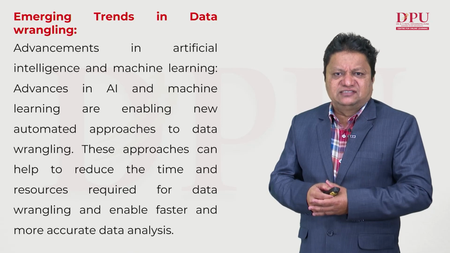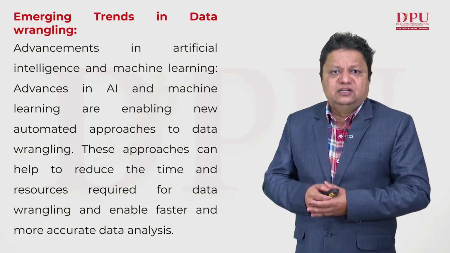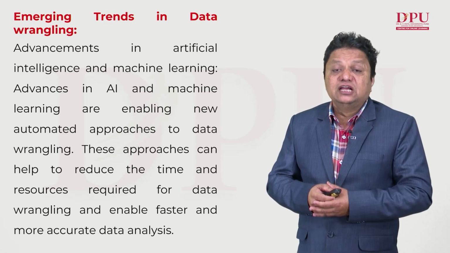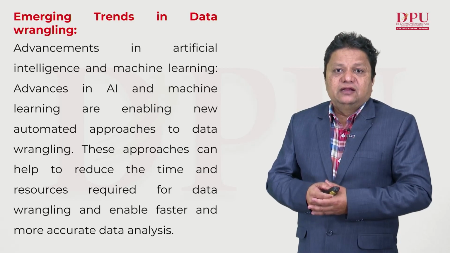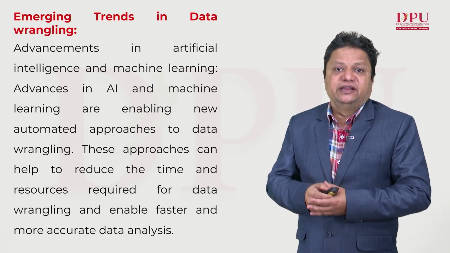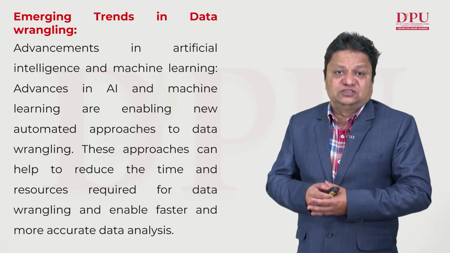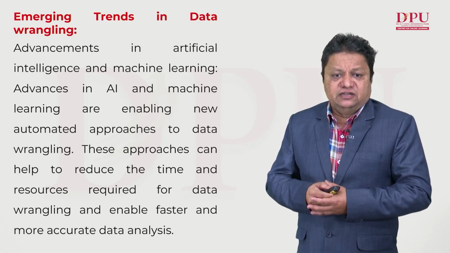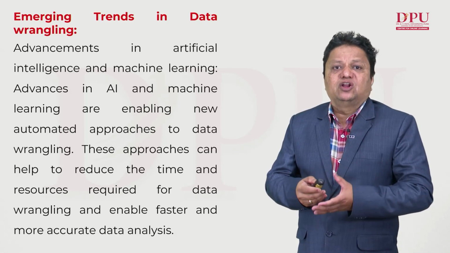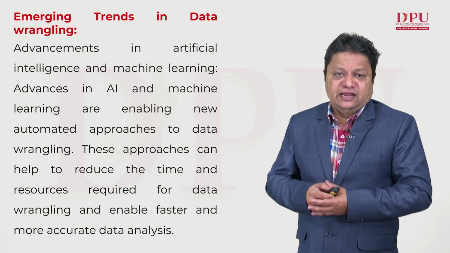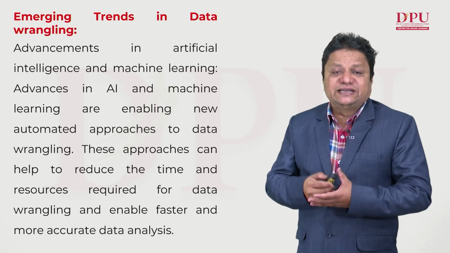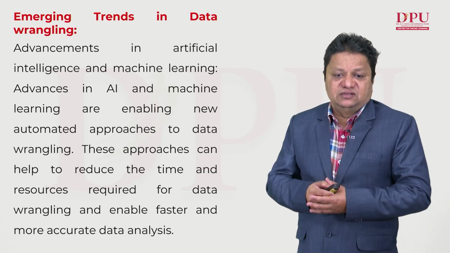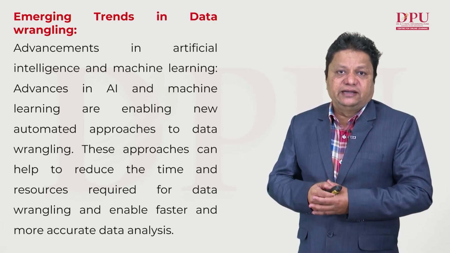Now, let us see some of the trends in data wrangling. What are the new trends and advancements? Advances in artificial intelligence and machine learning are enabling new automated approaches to data wrangling. These approaches can help to reduce the time and the resources required for performing data wrangling and enable faster and more accurate data analysis.